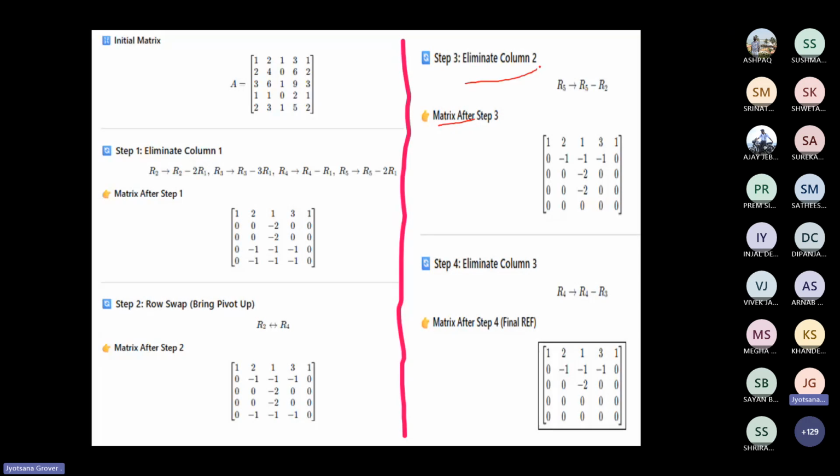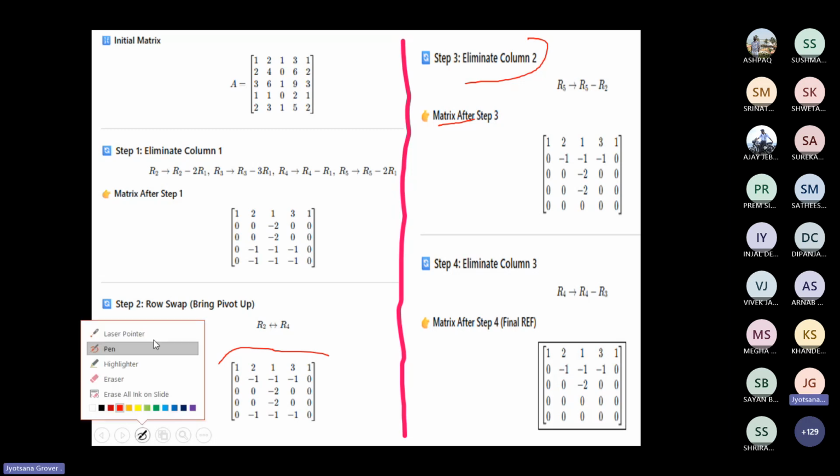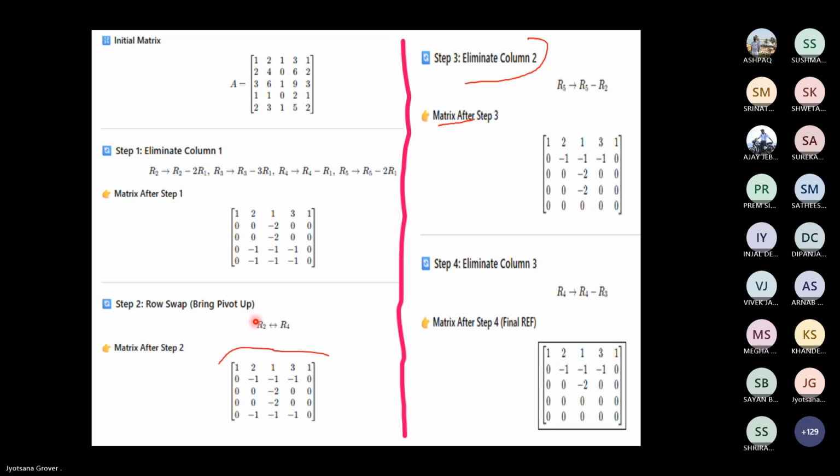Okay. So now we have interchanged row 2 with row 4. I'll use the laser pointer. We interchange row 2 with row 4 and we get this. Now these entries are already 0. Now we have to make this entry 0. What elementary row operation will I apply? With respect to R2, we are considering R5 minus R2.